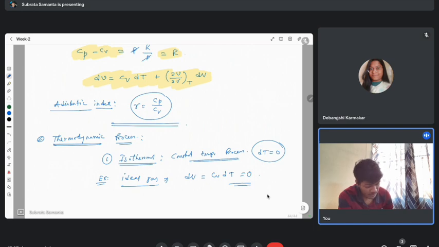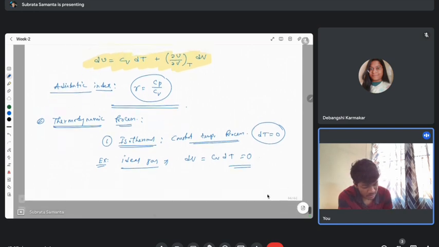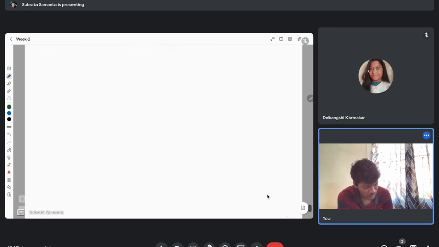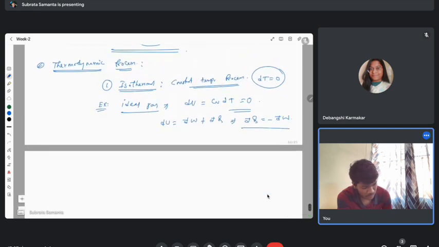Right? So that means your first law of thermodynamics tells that dU is dW plus dQ, so that means dQ is minus dW, right? So then we can calculate the work done or the change of heat.